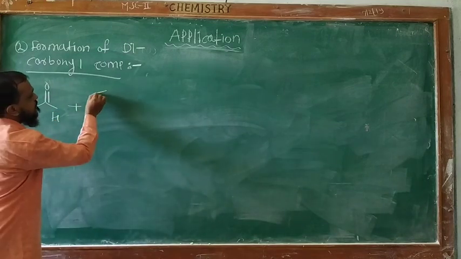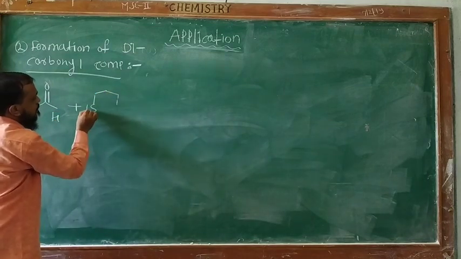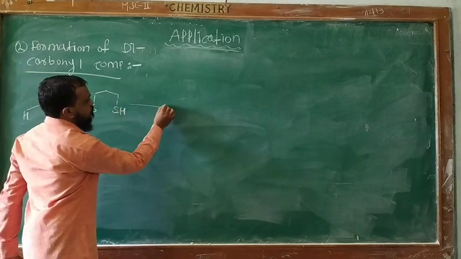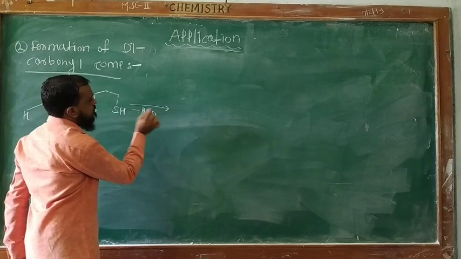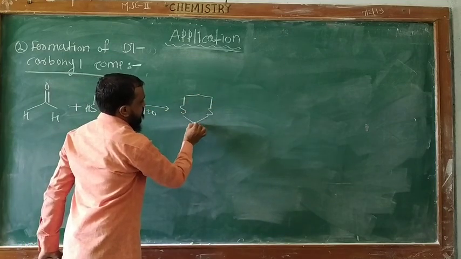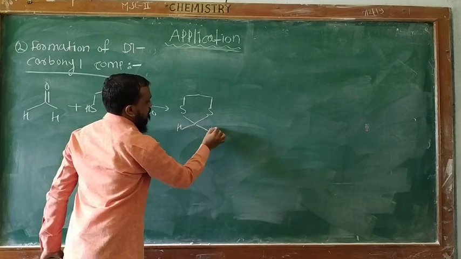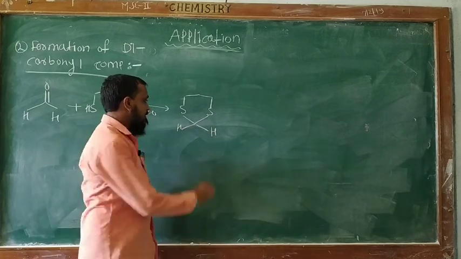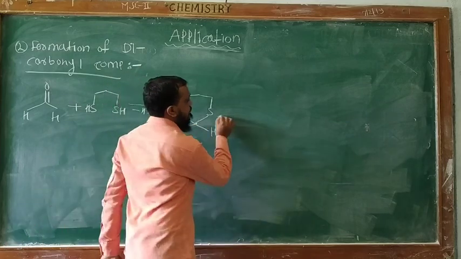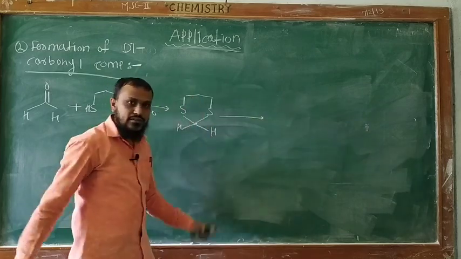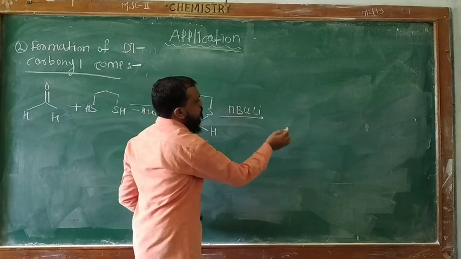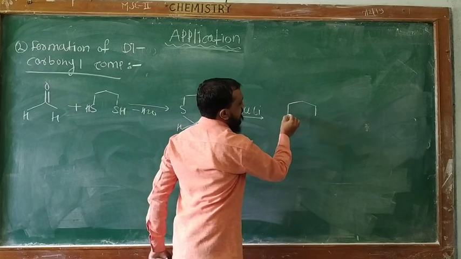Initially it is treated with 1,3-dithiol, this is the structure of 1,3-dithiol, to produce 1,3-dithiane. Here this carbon is partially positive. This 1,3-dithiane is further treated with n-butyl lithium to produce the lithiated salt.